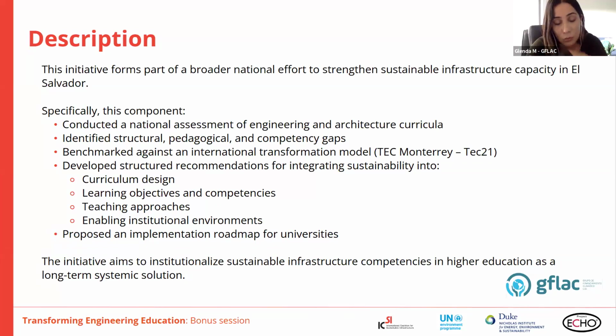And based on this, we developed the structured recommendations across 5 specific areas: the curriculum design, learning objectives and competences, teaching approaches, enabling institutional environment, and an implementation roadmap. And the ultimate goal is to institutionalize sustainable infrastructure competencies as a long-term systemic solution.